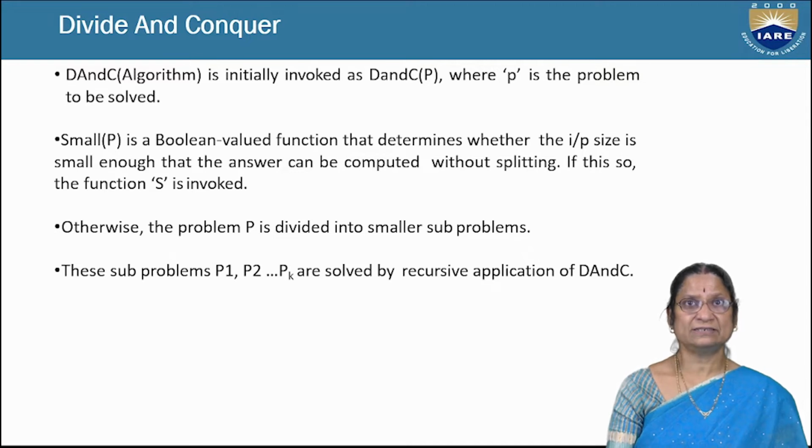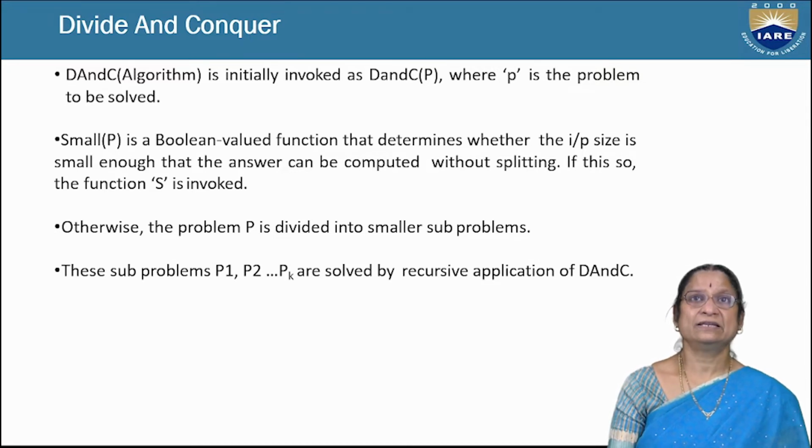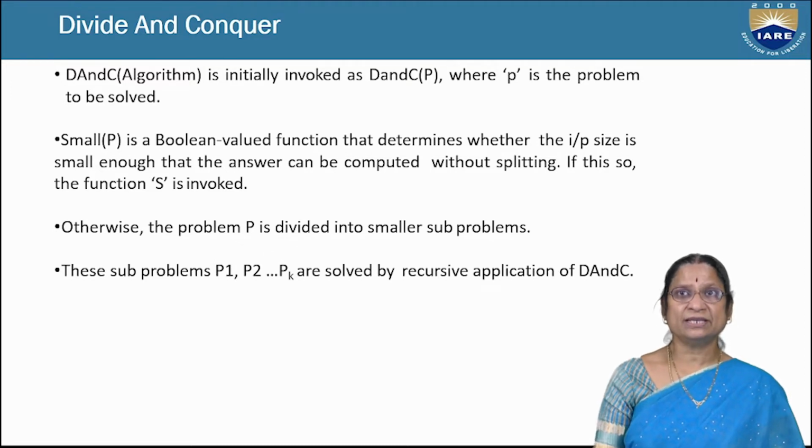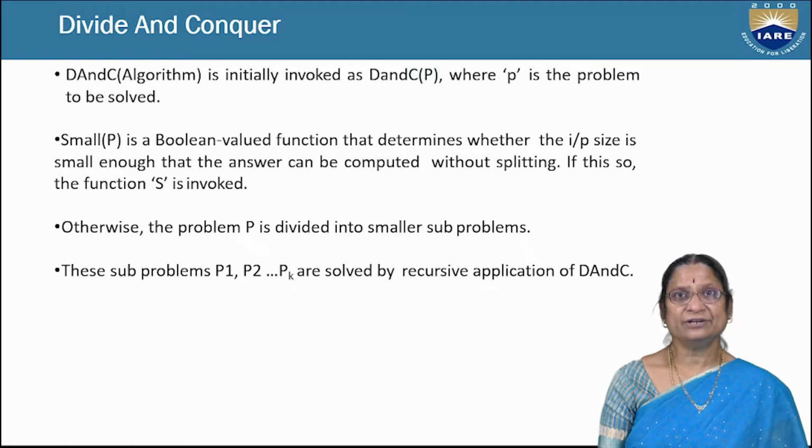For this D and C, that is divide and conquer, initially it will invoke itself after dividing into subproblems. This process is continued as long as your subproblem is small enough to be solved independently.